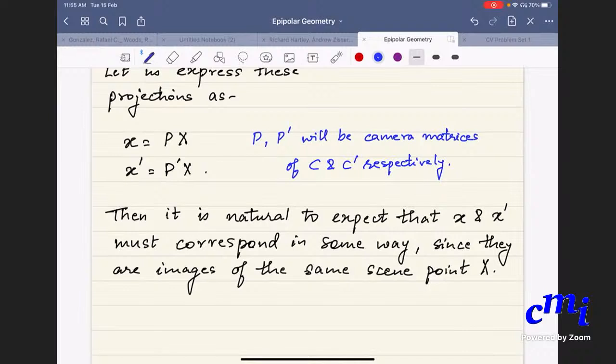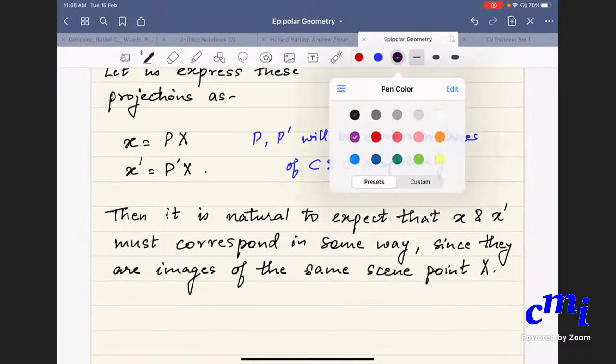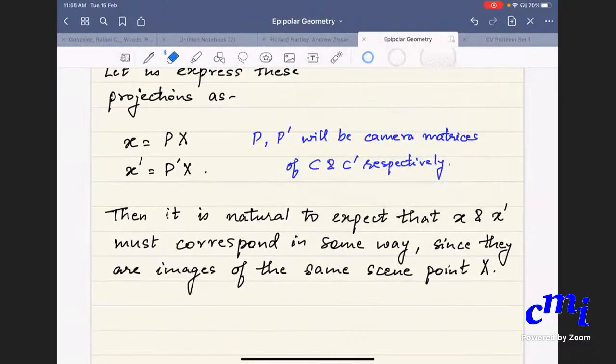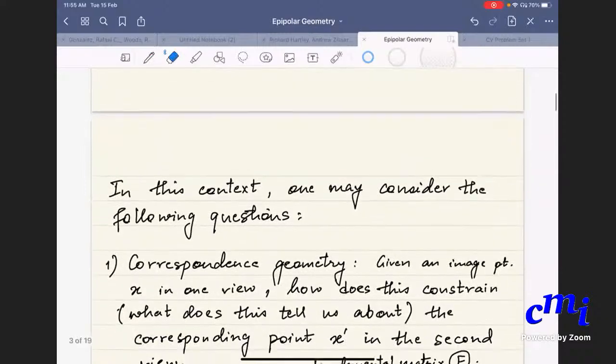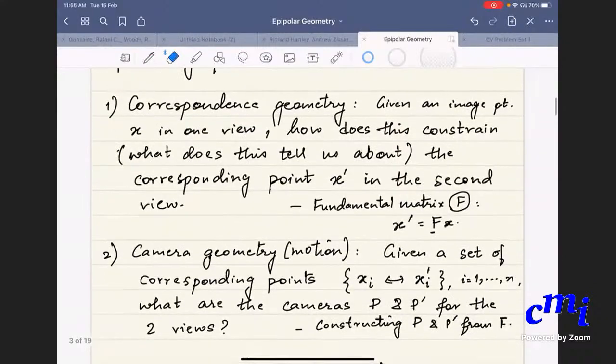Now, what the two-view geometry deals with, I think last time I mentioned the various questions that are considered under this. The correspondence geometry is what we will study in a bit more detail: given an image point small x in one view, how is the corresponding point in the second view constrained?